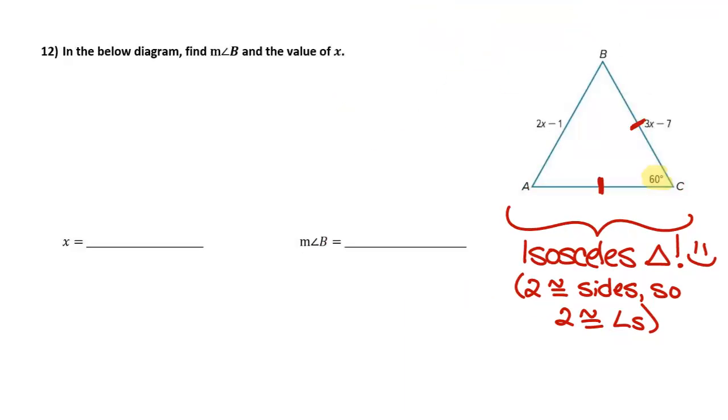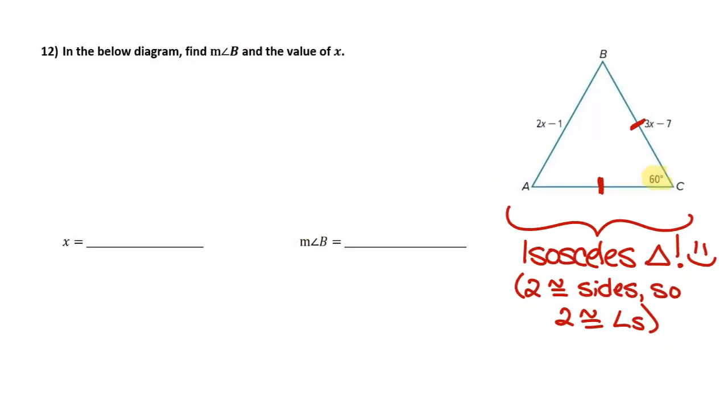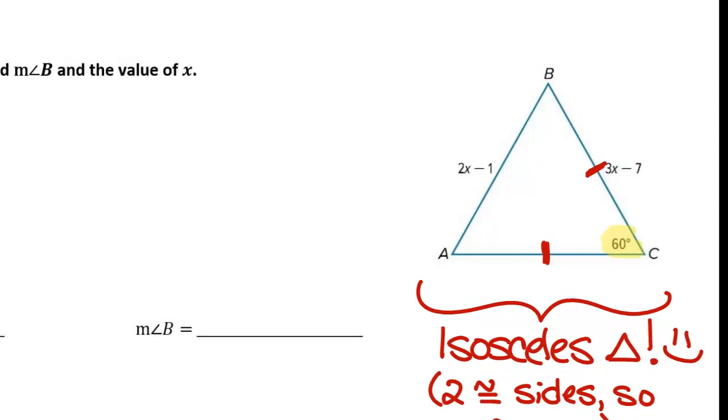Which angles would be the congruent angles here? We just did this a moment ago, but in the other direction. How do I find the two congruent angles? B and A, opposite my sides.